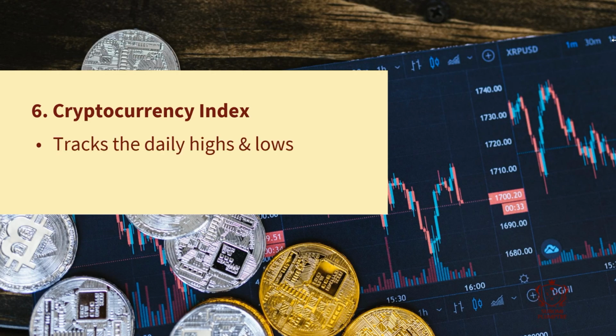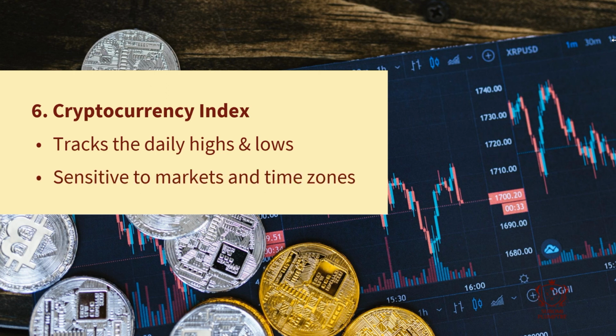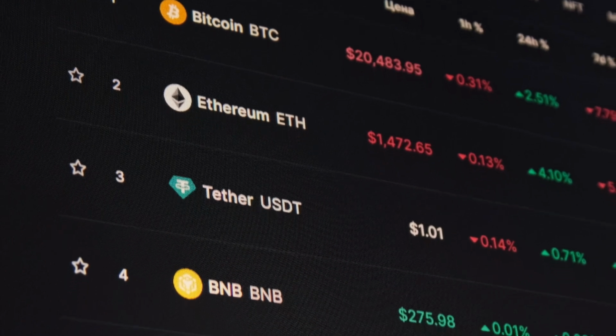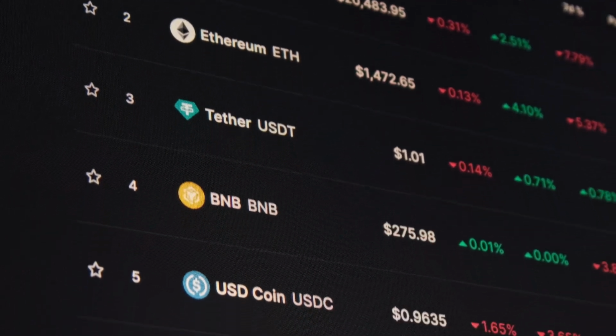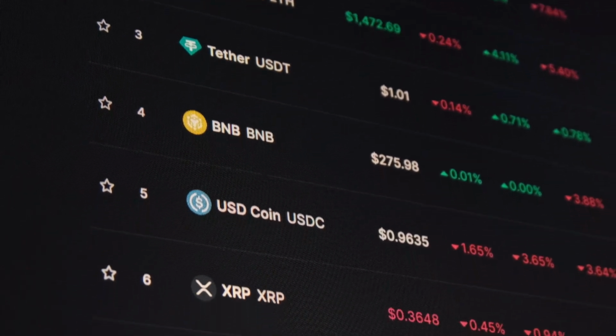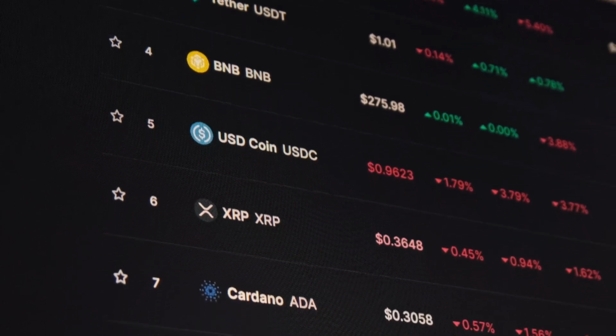Same thing with cryptocurrency. It helps if you look at a cryptocurrency index, it helps you track the highs and lows. You're not trying to time the market, but at least you're able to see, over 5 years, over 10 years, what has the performance of cryptocurrency been like? And because cryptocurrency is traded 24 hours a day, 7 days a week, unlike the stock market that only opens during work hours.